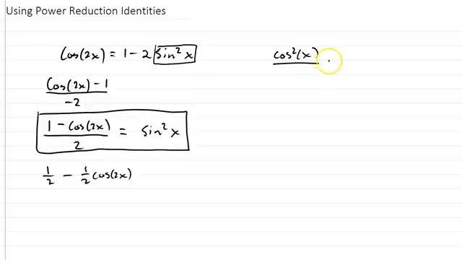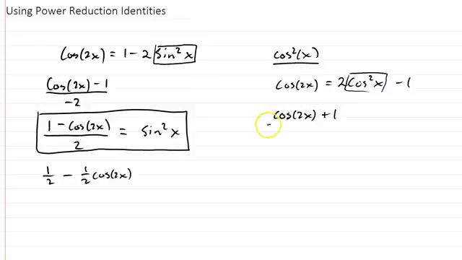Okay, so we know that cosine of 2x is the same as 2 cosine squared x minus 1. Same setup, and we're trying to get cosine squared x alone. So I'm going to take cosine of 2x, add 1 and divide by 2.